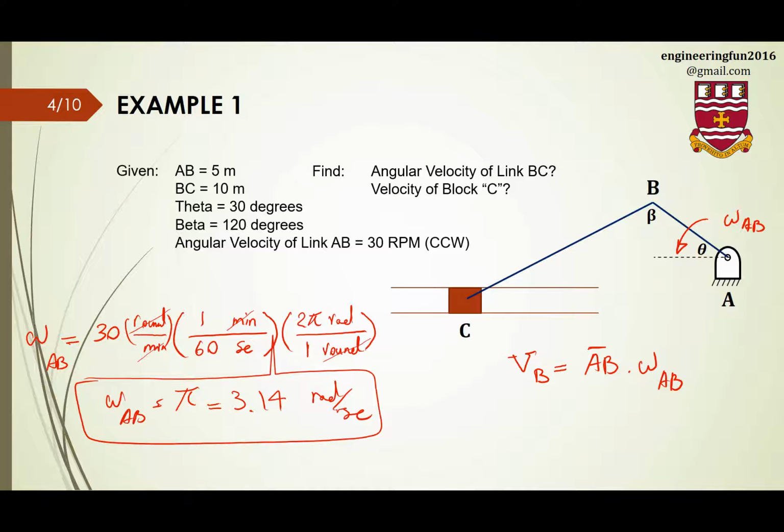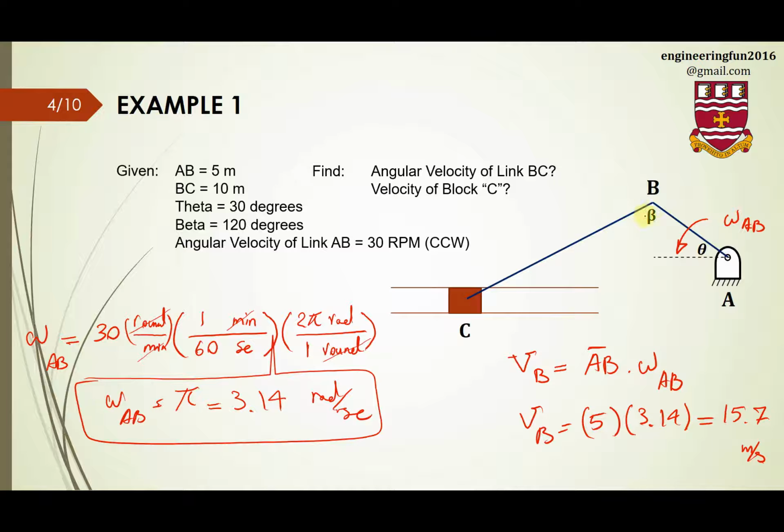And that's the magnitude of the velocity. So velocity of point B, AB is given, and that's 5, times omega AB, which is 3.14. So the answer will be 15.7 meter per second. Okay, so that's the velocity of point B.